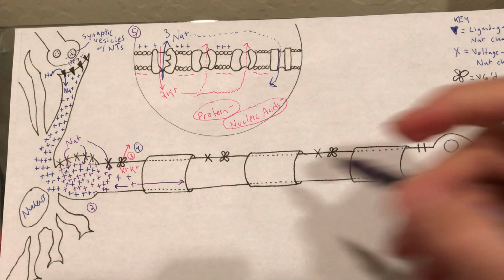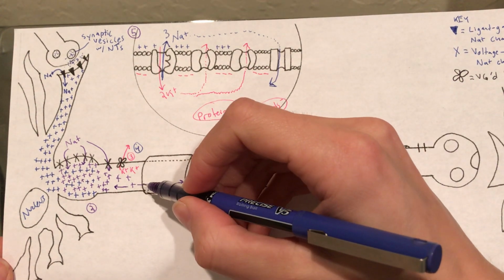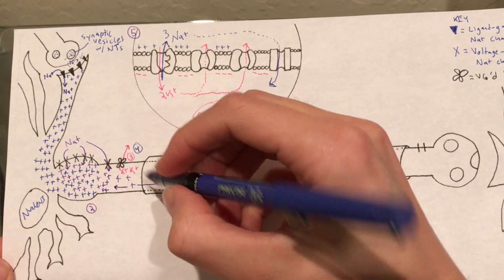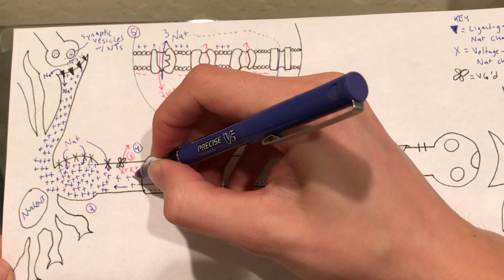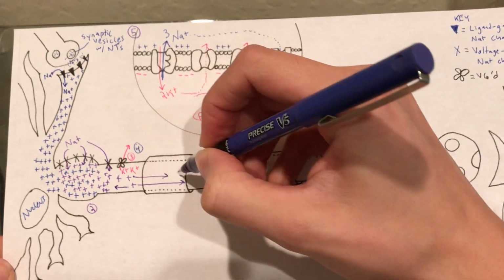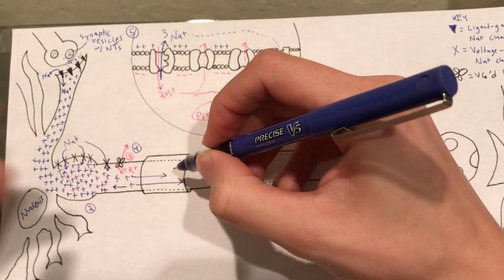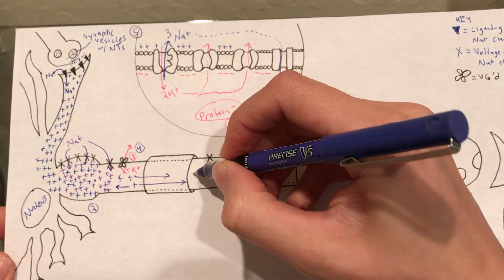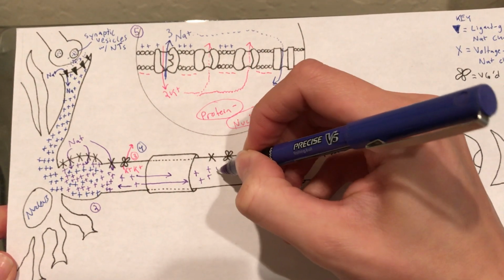How does that happen? Well, these positive ions that get repelled from the previous step are going to travel down as they get repelled by the positive ions behind them, and they're going to enter this area.